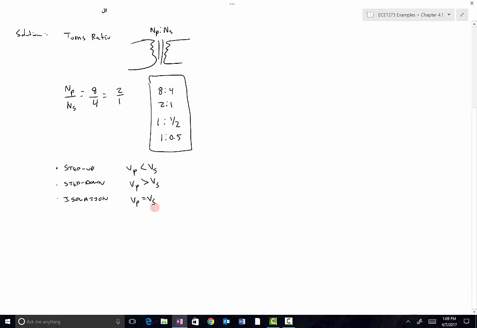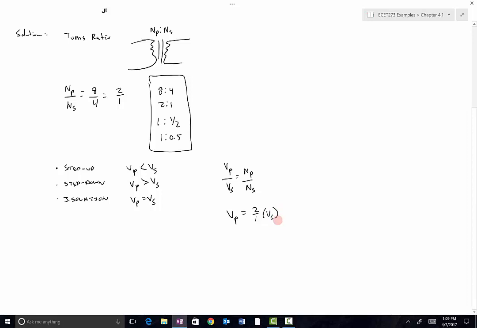So we know that the relationship of V_P to V_S is given by the turns ratio N_P to N_S. And so we can easily see from this example that V_P is equal to 2 over 1 times V_S.